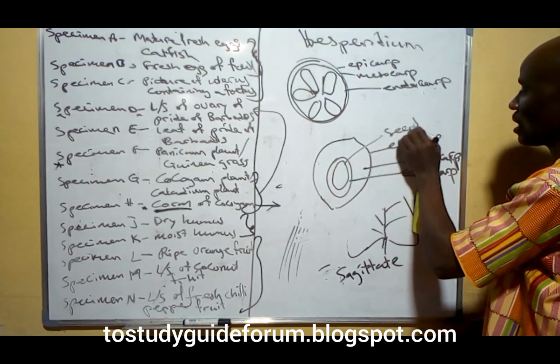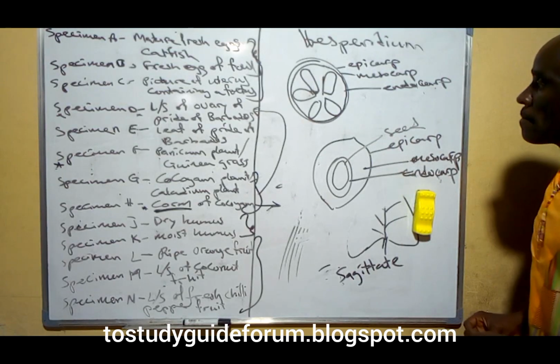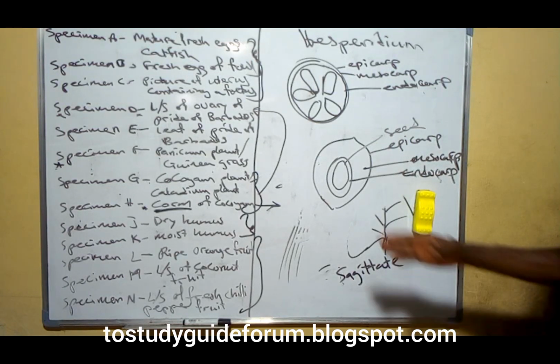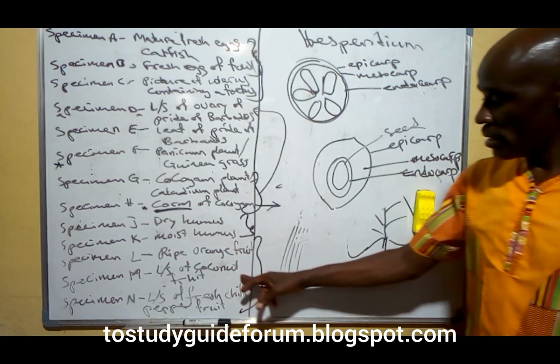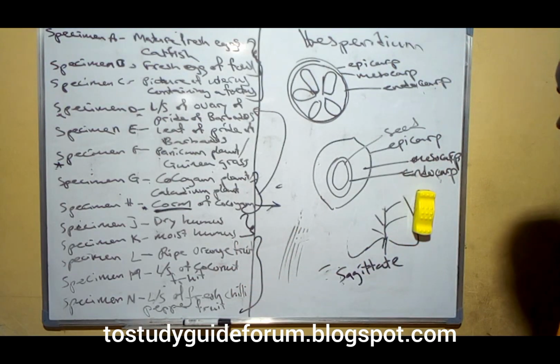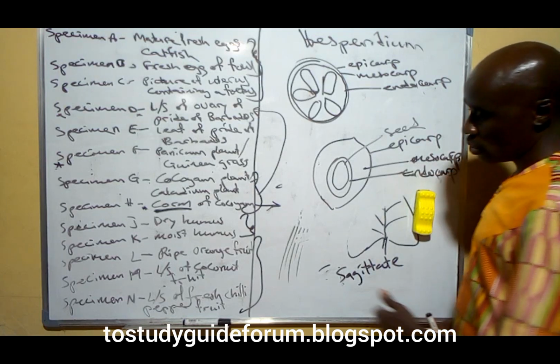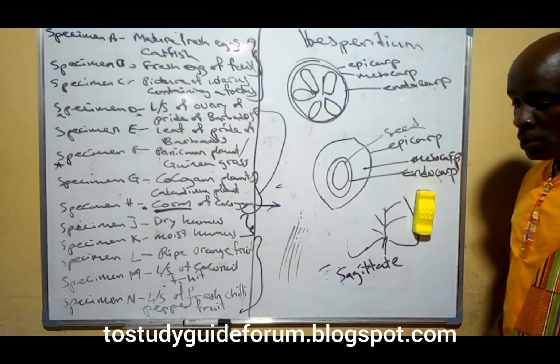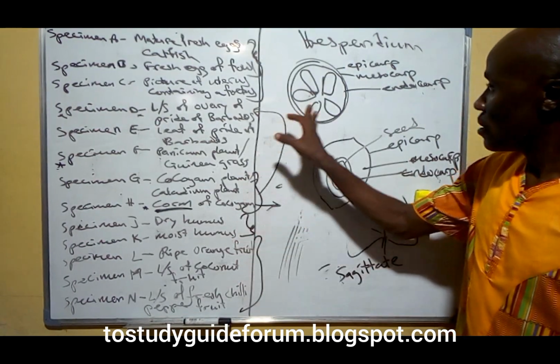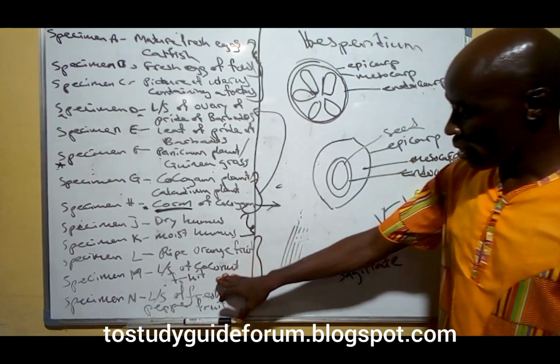That's where the seed resides. So you are likely to be asked to compare this and that, both of them, to show the difference between them. So that is the orange and the coconut.